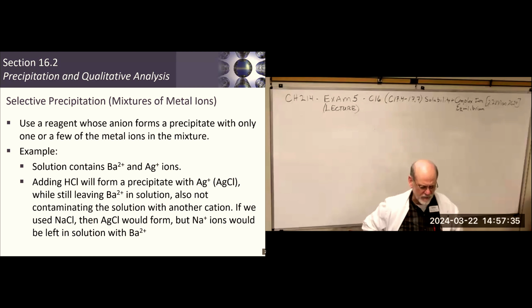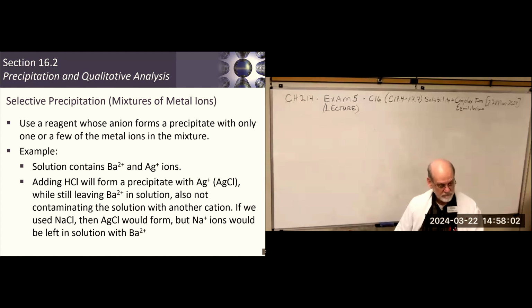So here's, for example, we have barium 2+ and silver ions together. If you add hydrogen chloride, that will form a precipitate with the silver ions, but not with the barium. So if you know you only have silver and barium in that solution, you can separate them simply by adding hydrochloric acid. You can react the chloride with the silver, it drops out of solution, and leaves the barium behind.